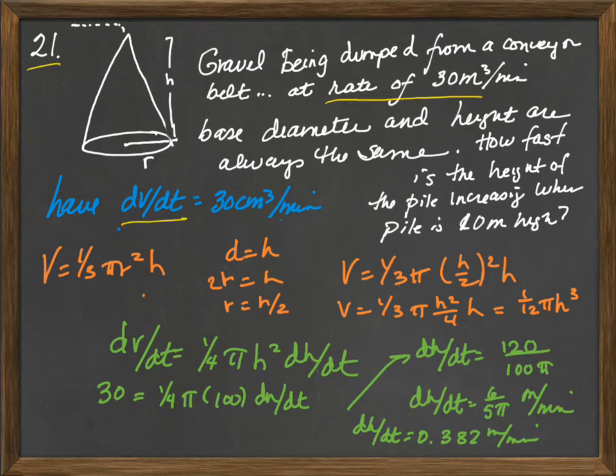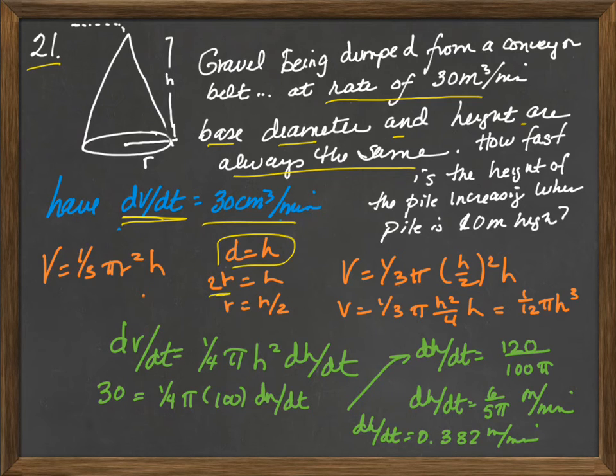So we have dV/dt is 30 cubed per minute. It says that the base diameter and height are always the same, which I would say is a little confusing, but I think I figured it out. That means the diameter is equal to the height. It doesn't mean they stay the same, that would be impossible. It means those two have to equal each other.